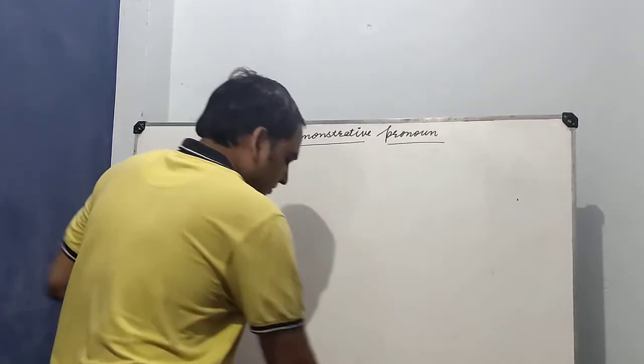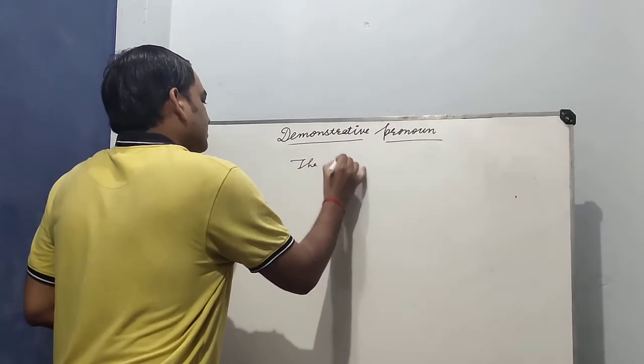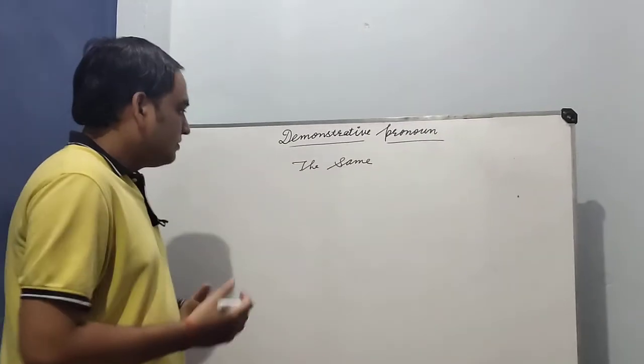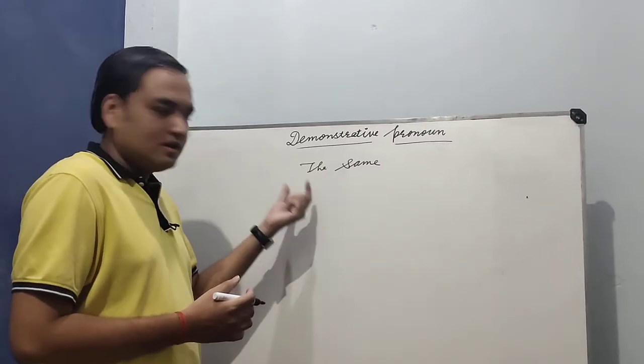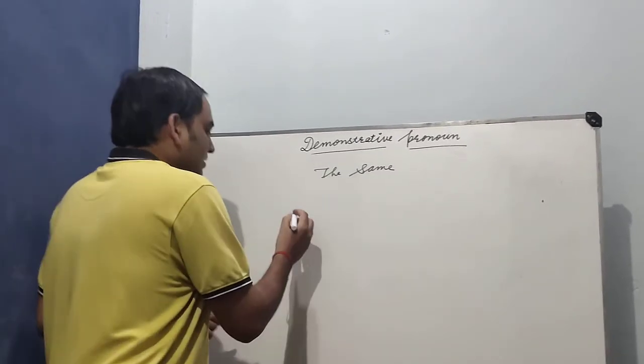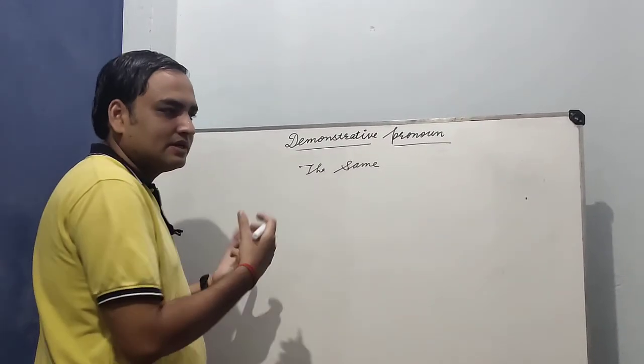Okay, now we will learn how we can use "the same". What is the word "the same" and how is it used in sentences? I will write here two sentences to represent the demonstrative adjective and demonstrative pronoun.